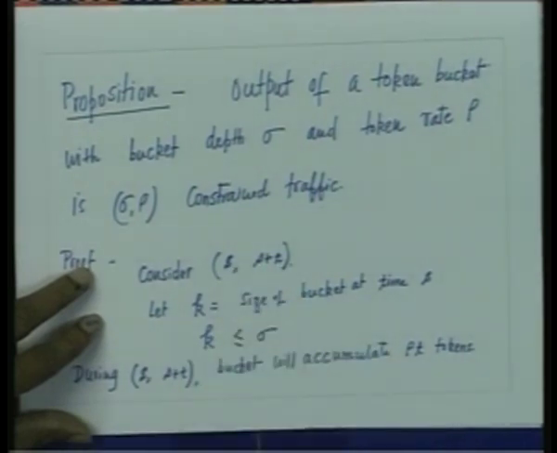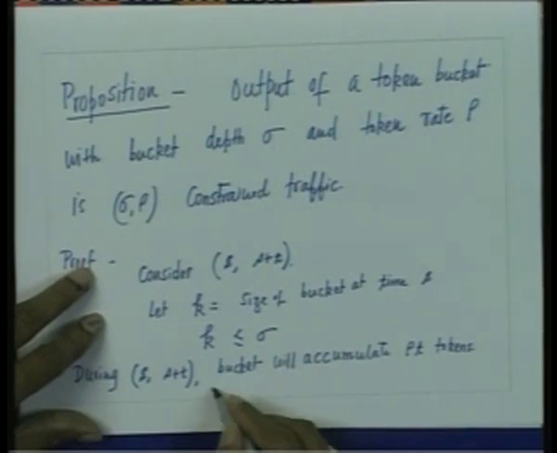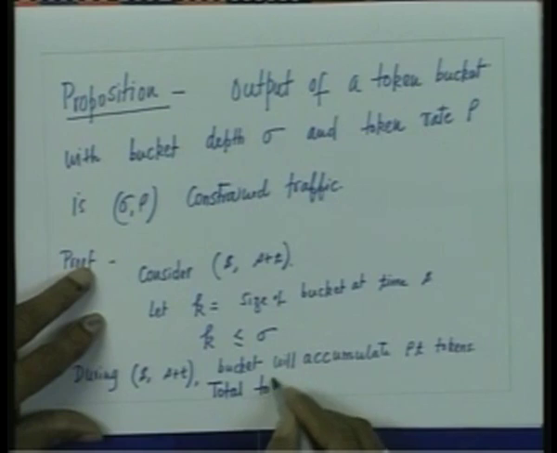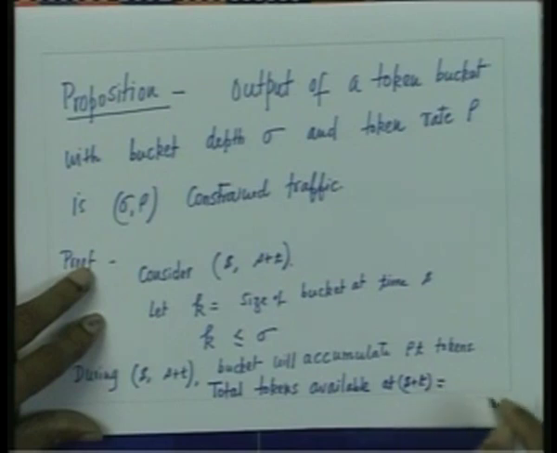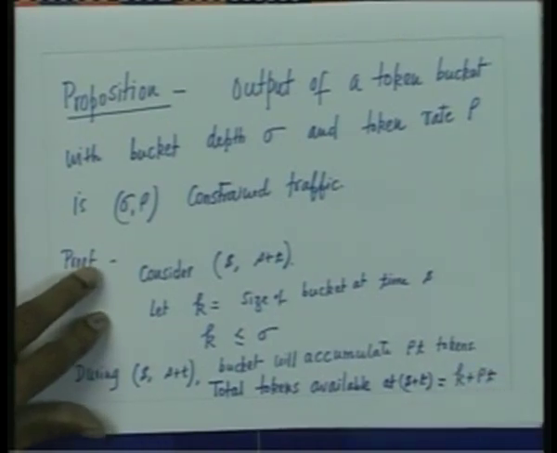During this interval, the bucket accumulates rho into t tokens. So therefore, the total tokens available at S plus t is how much? The total tokens available at S plus t will be K plus rho t.